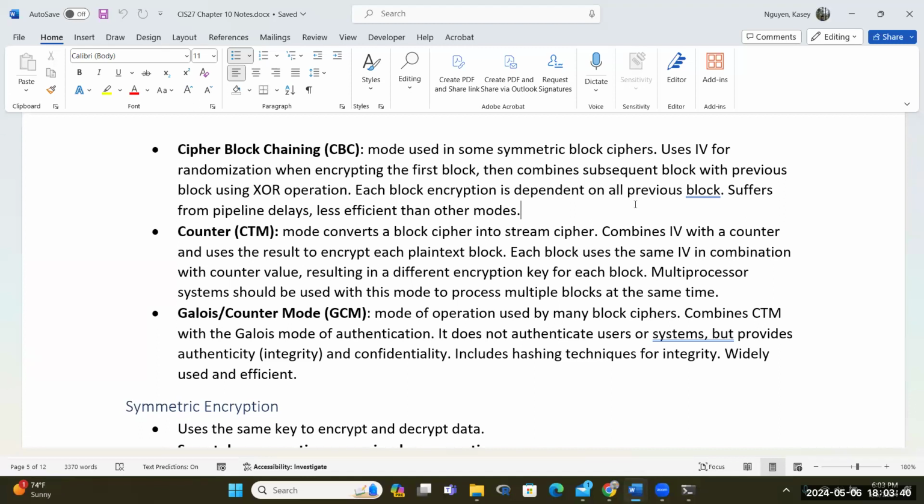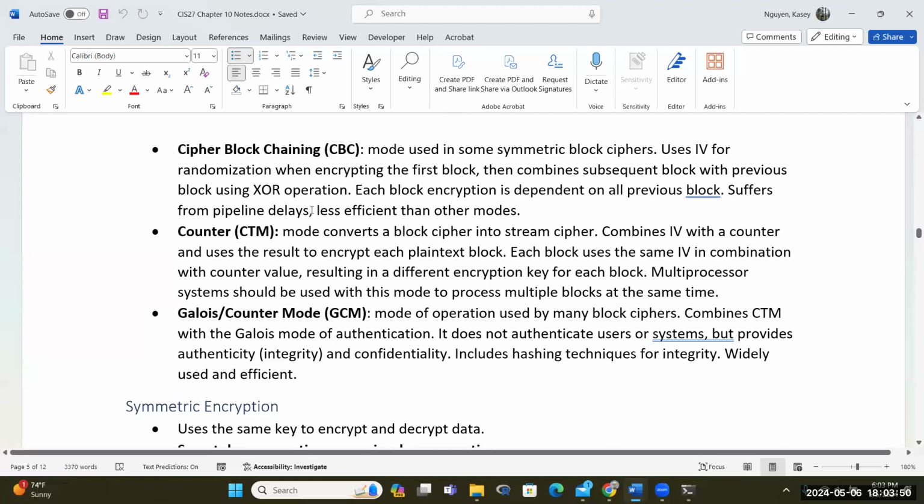I cannot jump in the middle and open 5 without opening the 4, which is previously dependent on 3 and 2 and 1. That's why it's called chaining. It is a huge delay because there's a pipeline delay, and most of the time they use independent servers to supplement the chaining process for this particular mode.